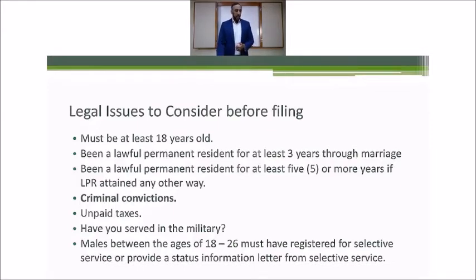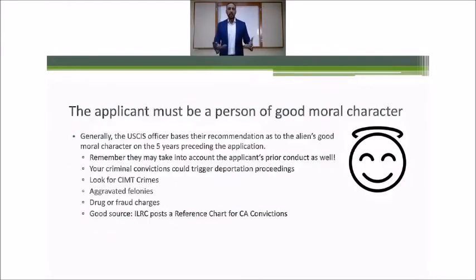So this next slide is essentially the main reason why clients retain me or an attorney, and that's because of the good moral character requirement. Generally, the USCIS officer bases their recommendation as to the alien's good moral character on the 5 years preceding the application. So, in other words, if you had a criminal conviction, or if you had an arrest, or any issue with the police here in the United States or in the home country, that's going to come up.